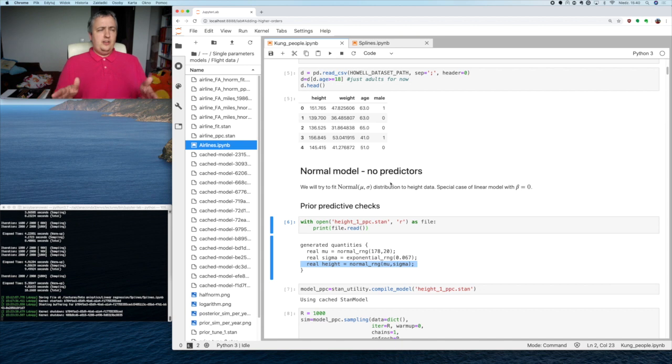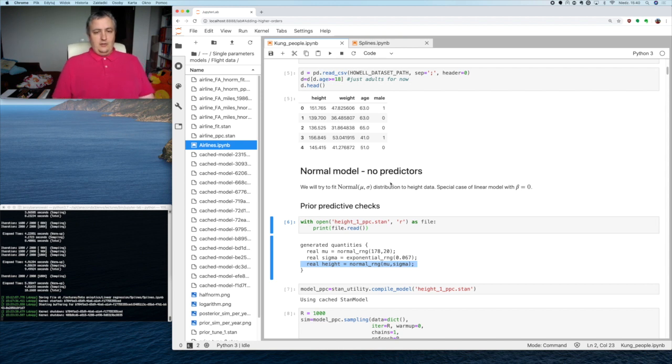Without looking at the data, if we consider, for example, average height in Europe, it is around 178 centimeters, so a bit under 180. In order to have a big spread, we can assume a large standard deviation in that prior. So we'll have a well spread distribution, and we can assign, for example, a standard deviation of 20 centimeters.